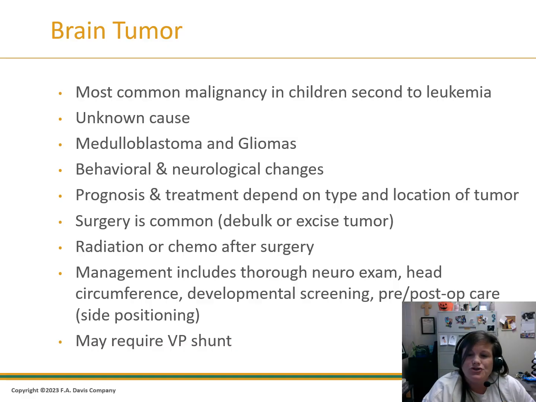The prognosis and treatment is going to depend on where in the brain it's at, the location of that tumor, and the ability to remove that tumor. So surgery is generally needed in order to remove it, and there's different ways in which the tumor can be operated on. One is debulking and one is excising the tumor.